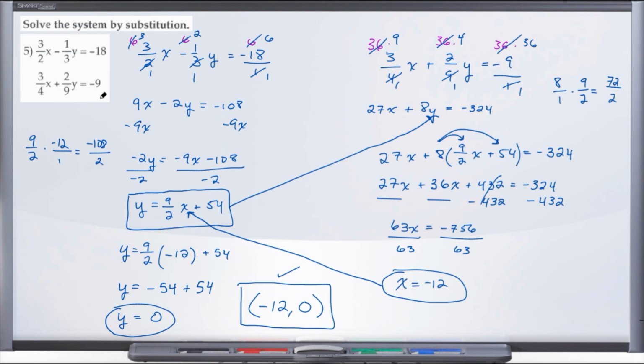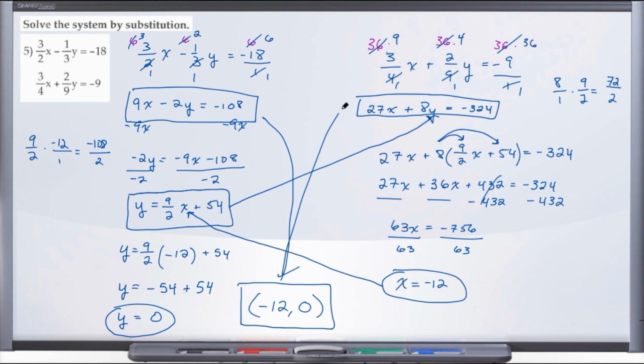And if you don't want to plug this solution back into the original, you can go back and plug this solution into the two equations that we rewrote without fractions. So that would work perfectly fine too. So take this solution and plug it back into each of the two equations without fractions. And again, you should still get true statements for each of these. If you don't, go back and check your algebra.